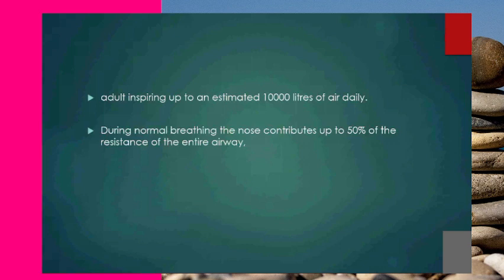Means any constriction of that part of the nasal valve will contribute to nasal obstruction. Okay, so while doing surgery, what is the applied physiology in this? While doing surgery, we have to make sure that this nasal valve area is always patent.